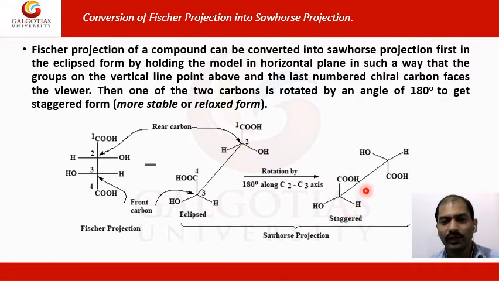If one carbon has an inverted Y and the other a regular Y, then this is called the staggered form. This orientation can be achieved by 180-degree rotation along the carbon 2 and carbon 3 bond, so conversion can be made from one form to another.